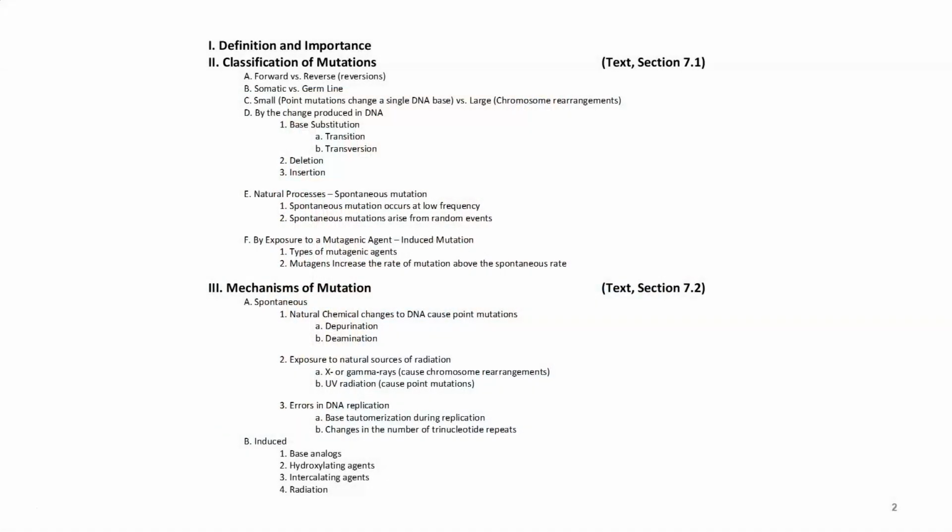So what I want to cover in this video is, number 1, just some definitions and terminology having to do with mutation. And then a number of different ways to classify mutations. So I'll go over those and define those. And they're pretty straightforward. And you should be able to give a definition for those or assign a mutation into a different type.